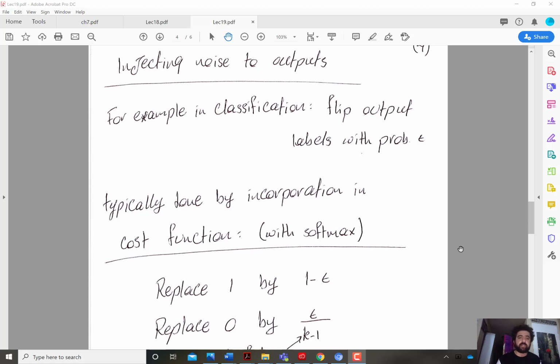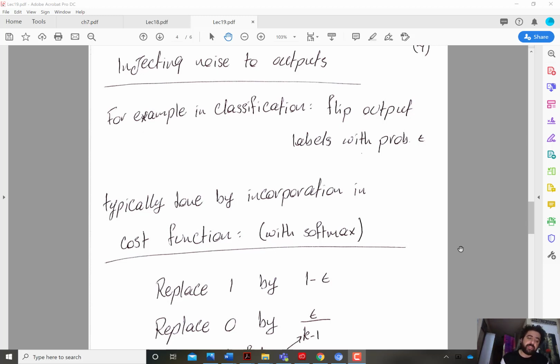But if it's multi-class, as in the digit example, and I believe there is a 10% chance that the output is wrong, then if I'm given an image of a 1, I flip a coin: 90% keep it. If the 10% side shows up, I change the label with equal probability among the 9 other classes. So with probability 10/9%, I change it to a 2, with probability 10/9%, I change it to a 3, and so on. So this is one way of doing it.